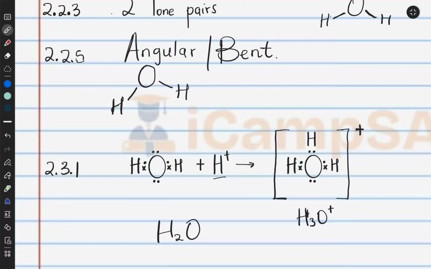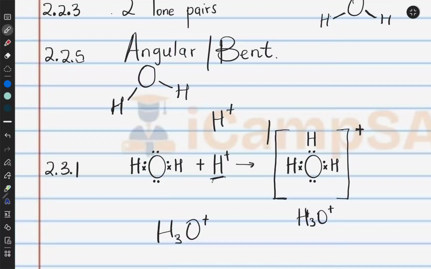Even though the hydrogen will no longer be H plus, it will just be H, because it will find 2 electrons to fill its outer shell. But now for the water molecule, we will have an extra proton here, and this changes to 3.